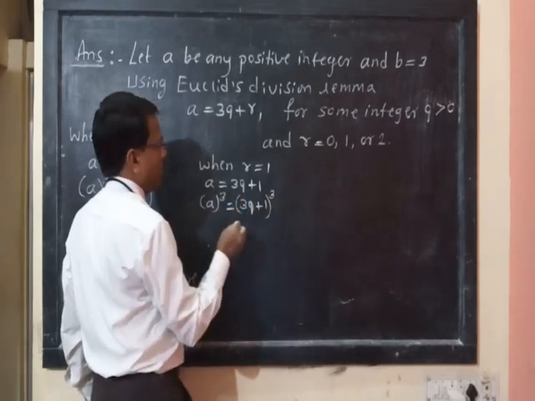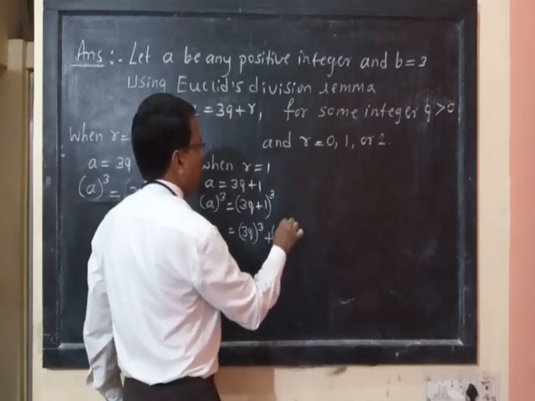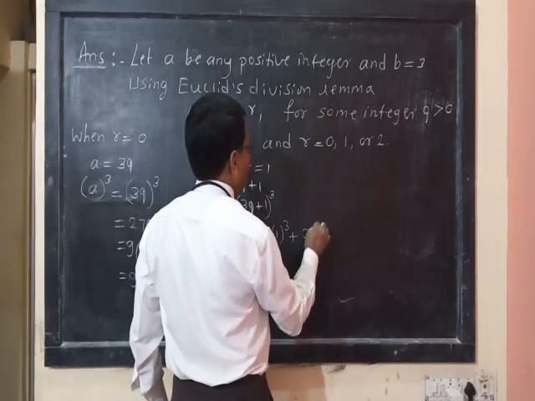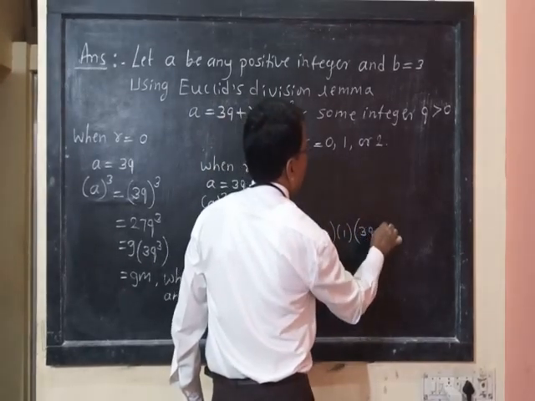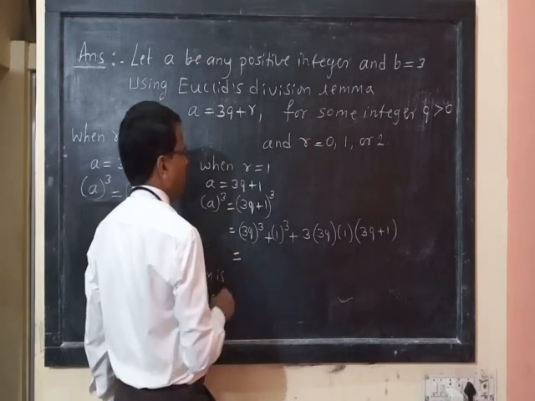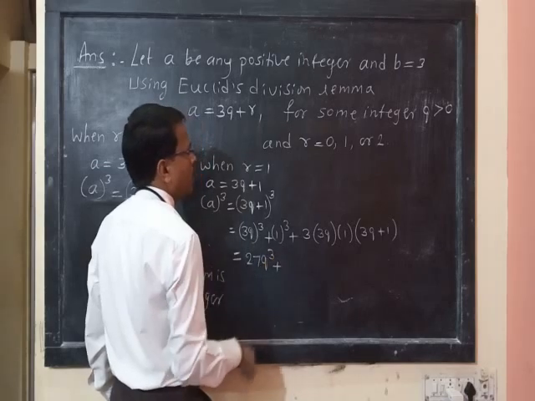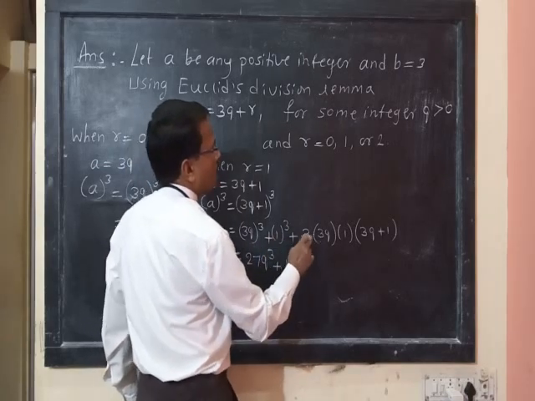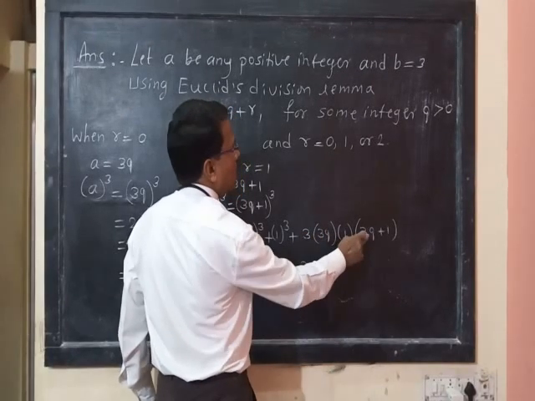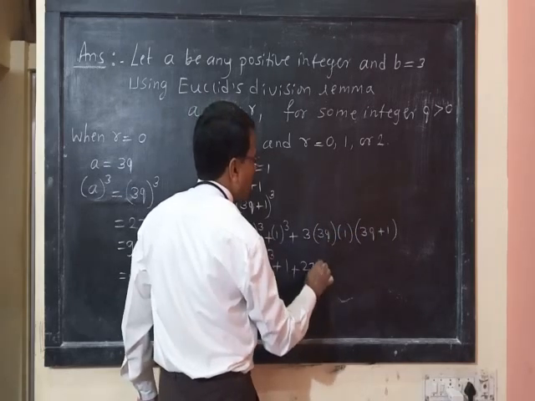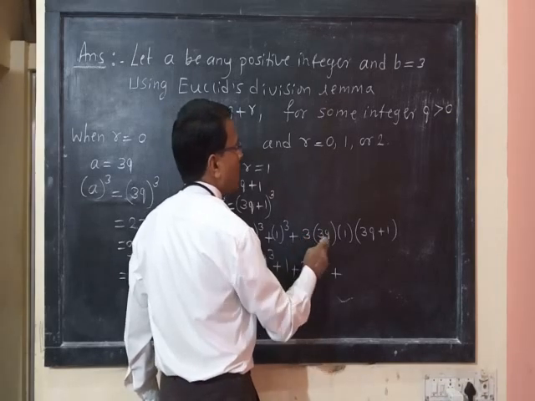So (3q) cube plus 1 cube plus 3 into 3q into 1 into (3q plus 1).